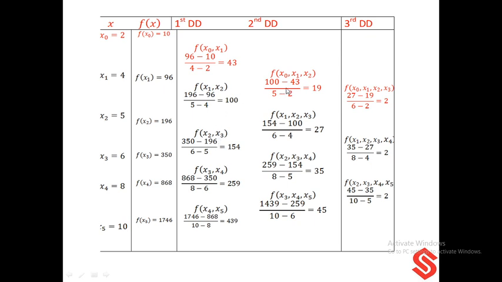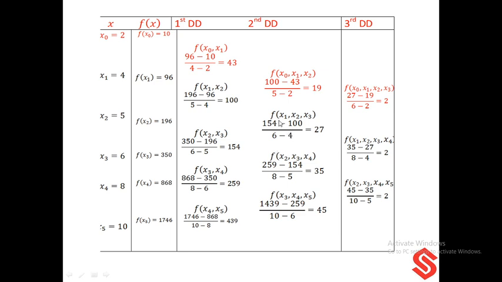Next, second order divided difference, f of x naught comma x1 comma x2 is equal to, according to the definition, f of x1 comma x2 minus f of x naught comma x1 divided by x2 minus x naught, that is 100 minus 43 divided by 5 minus 2 will get 19.